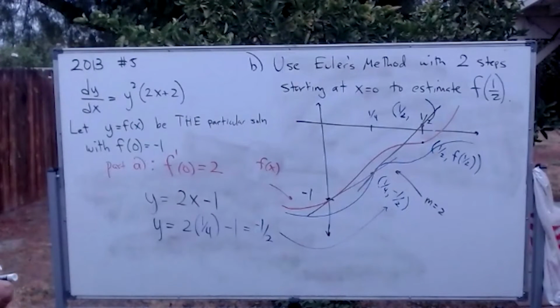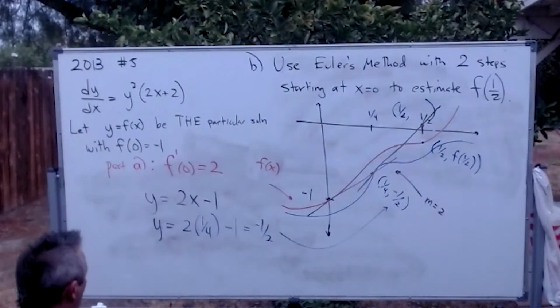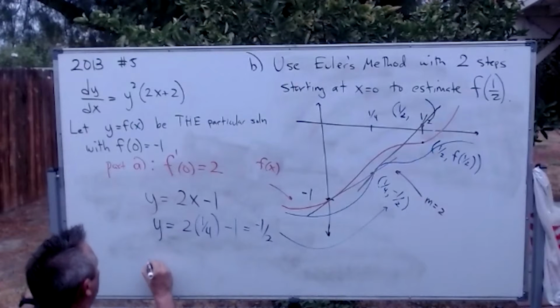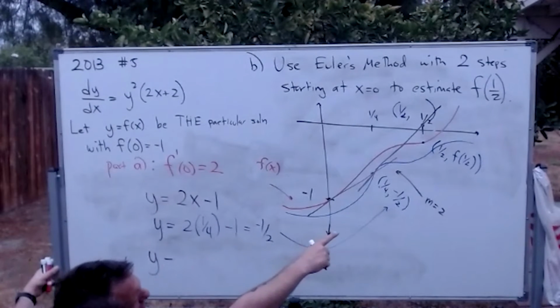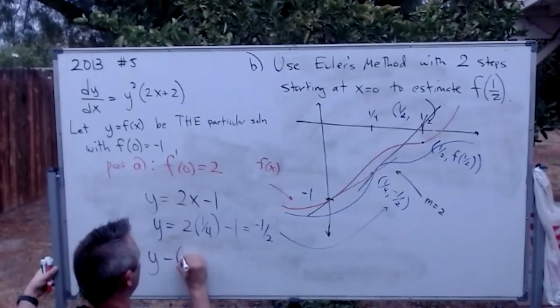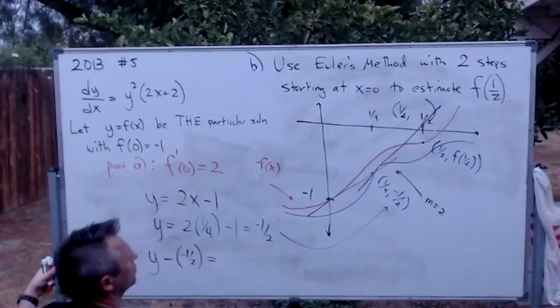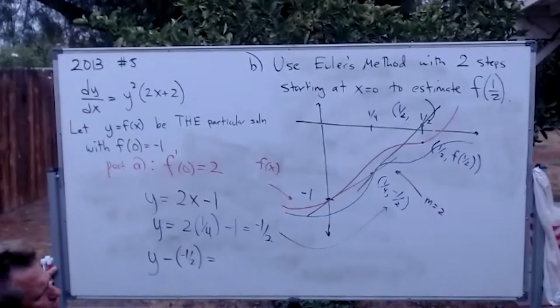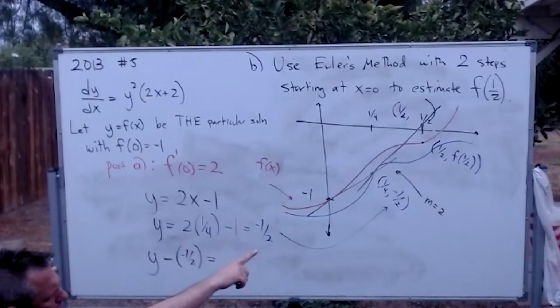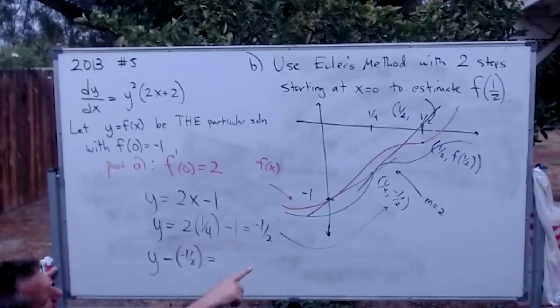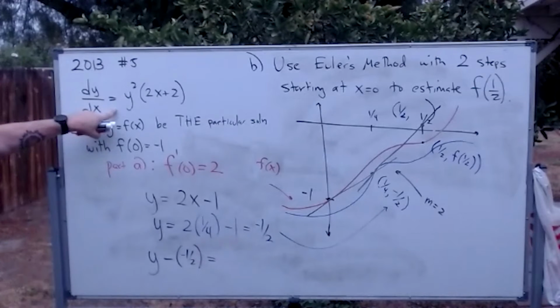It's going to be y minus, the y coordinate of the point that it's going through is -1/2, equals, okay, we're now going to need to know the slope at 1/4, and it's coming from here.